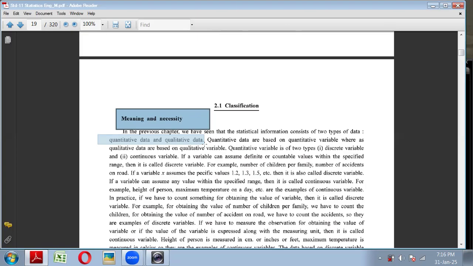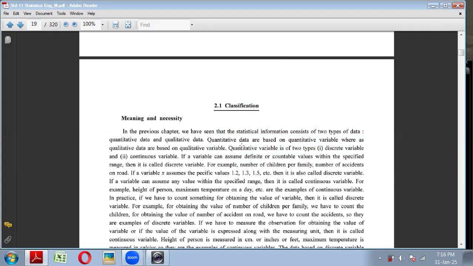For example, data about the population of certain areas is quantitative data. Qualitative data is also a numeric figure, but it can be like some qualitative characteristics. We will discuss qualitative data in detail. First of all, let us focus on quantitative data.